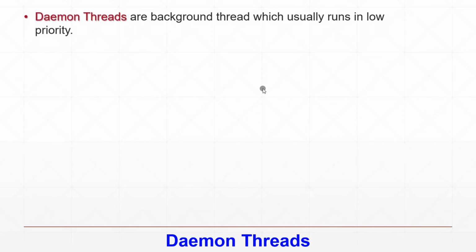Daemon threads are background threads which usually run in low priority. So it's a low priority thread.